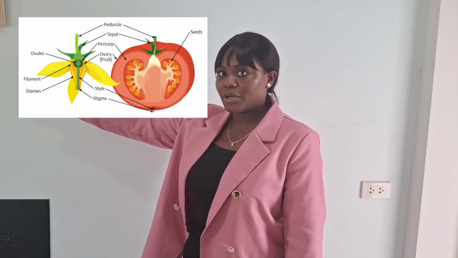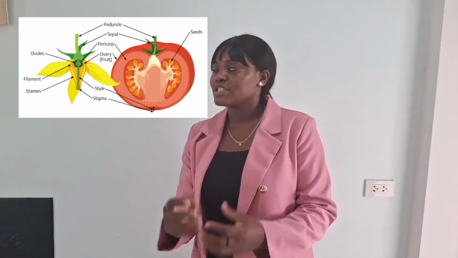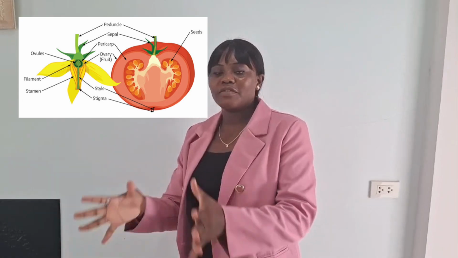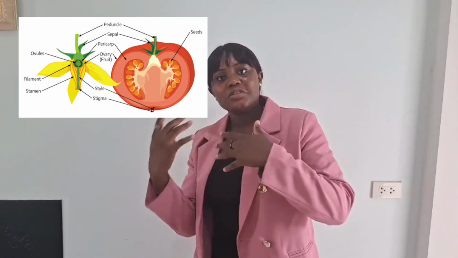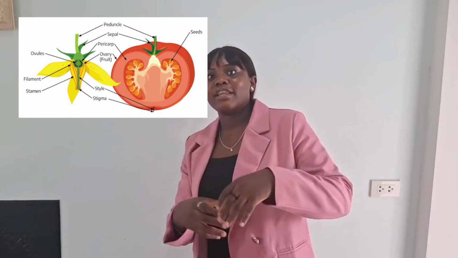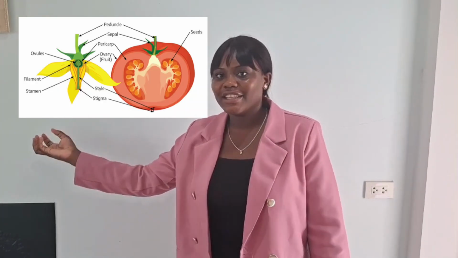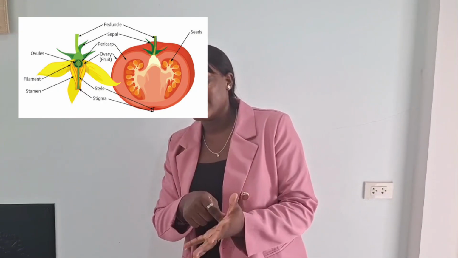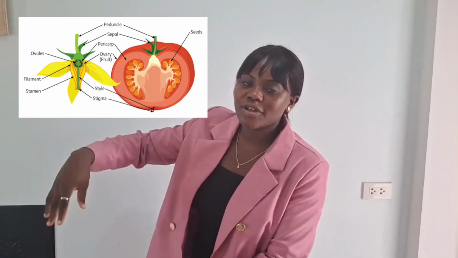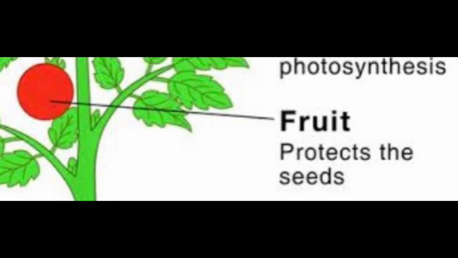Because from the flower, we can have the fruit. In the flower, we have the male and female zygote. There is some process going on there, and before you know it, you see a fruit. And in that fruit, you find a seed that helps you to produce another plant of that nature. And then we have the fruits, which are there to protect the seed.